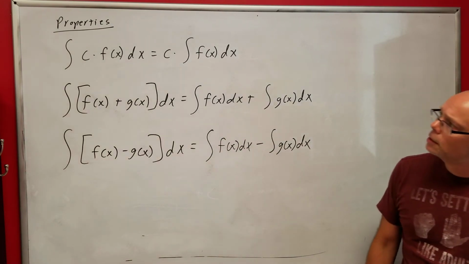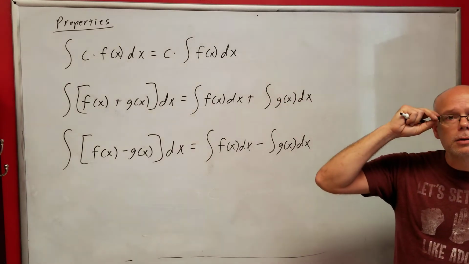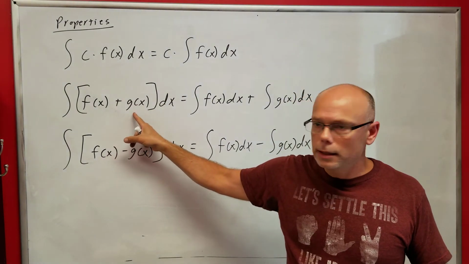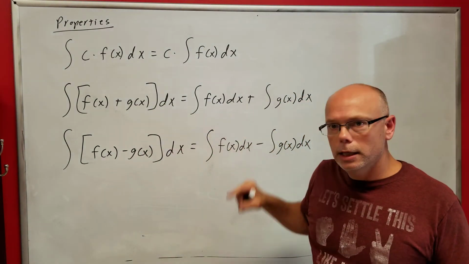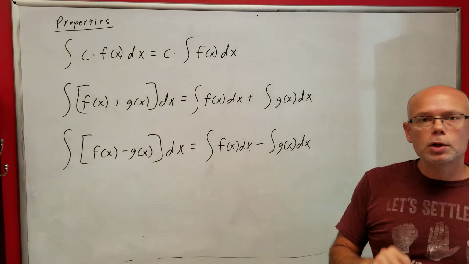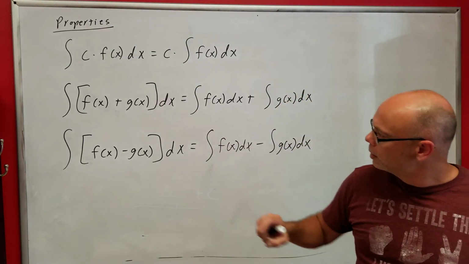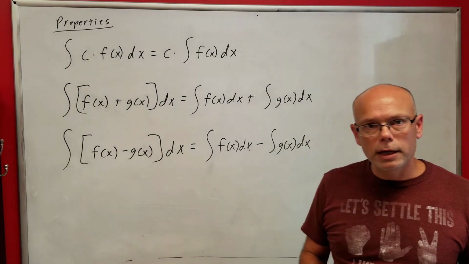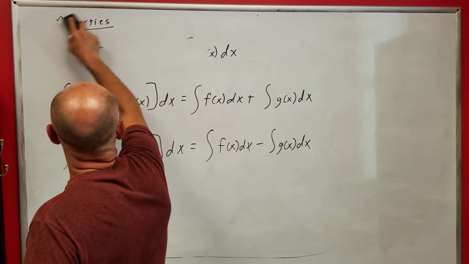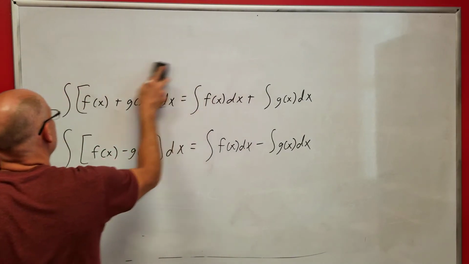Now notice, you can pull the constant outside the integral sign if it's multiplied. If you have two functions added, you can integrate each one and add that. If you have two functions subtracted, you can integrate each one and subtract it. But there is no property for f of x times g of x, okay? It does not work that simply. In fact, in general, that's a much more complicated problem.